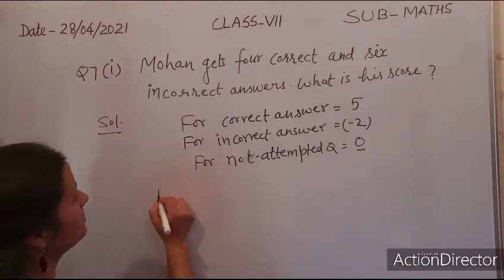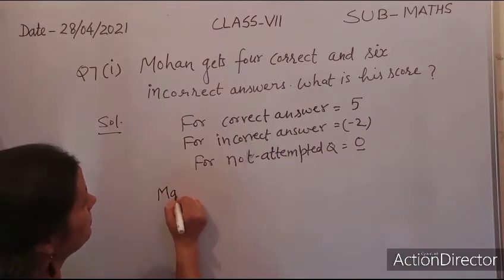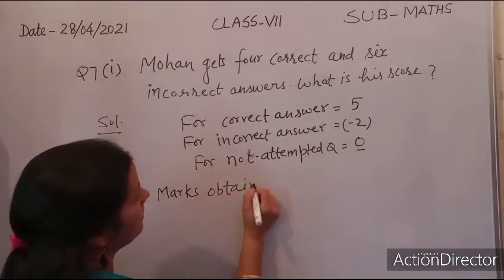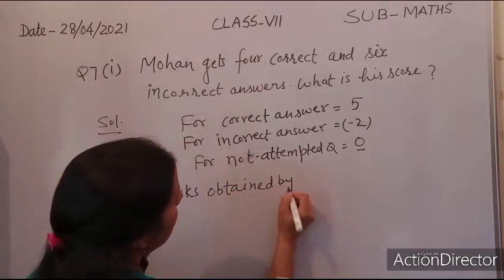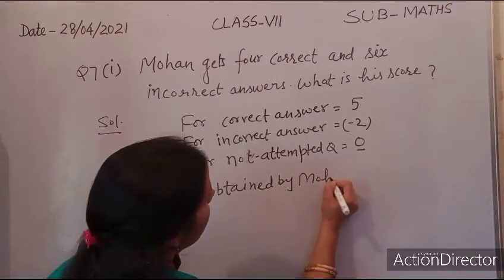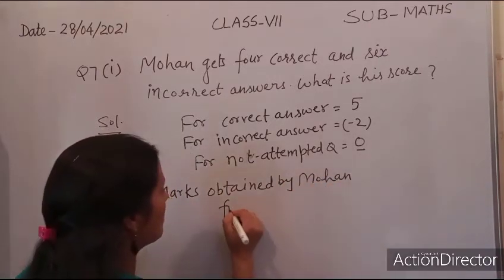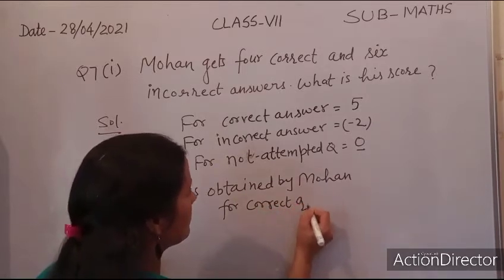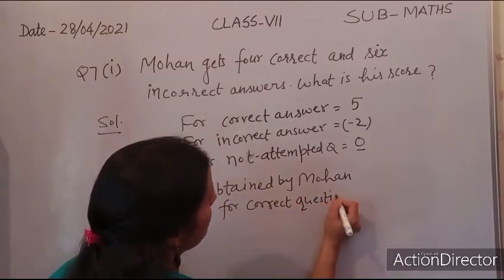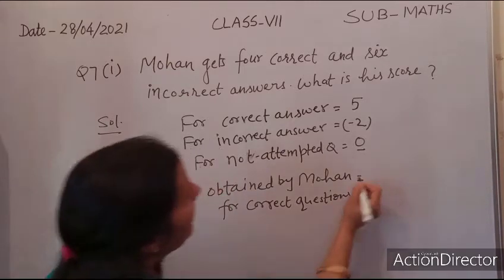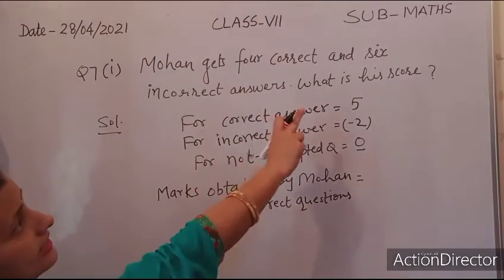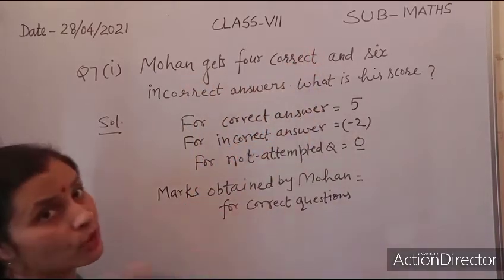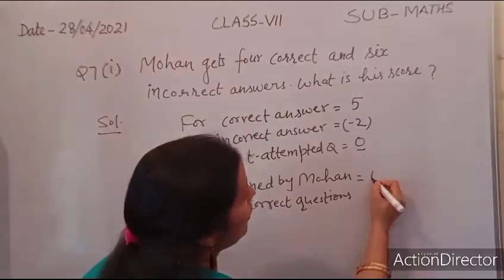Then we will find the marks obtained by Mohan for correct questions. First we will write: marks obtained by Mohan for correct questions. How many questions has he done correctly? Mohan gets 4 correct, so 4 questions.